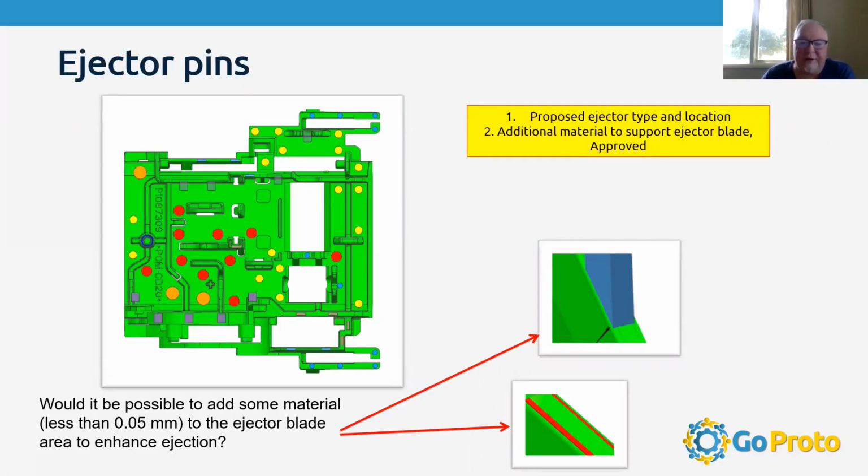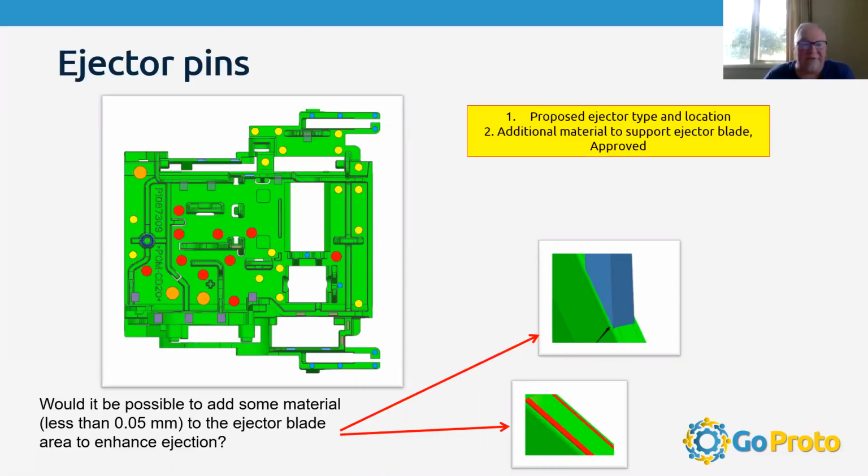You'll see over here, it shows how we're using the ejector blade, and that goes along this wall right here. Those features are so small we can't get a pin in there. So we'll match the blade up to the thickness of that feature, and it goes on the ejector plate. This is a coordinated effort with all these pins and the blades and the whole ejector system.